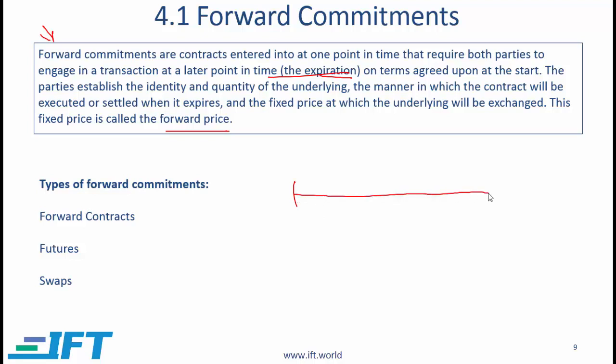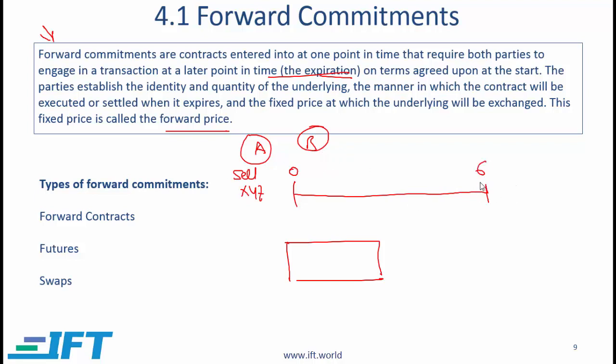Let's say you have two parties, A and B. At time 0, parties A and B sign a contract which says that A will sell stock XYZ and B will buy stock XYZ at the end of 6 months. And this is similar to an example that I gave you earlier.